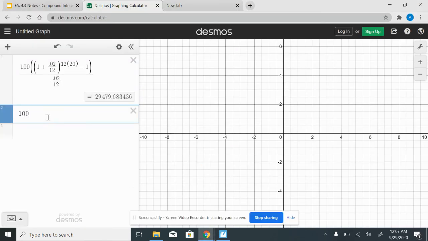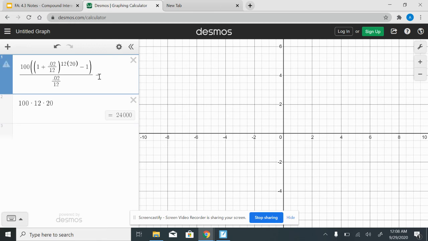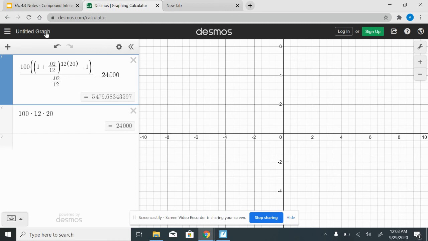I'm going to take 100 times 12 times 20 and find out that what I put into the account is actually $24,000. So I am going to find out my interest paid to me on this account by taking the big ugly fraction and subtracting $24,000. That means that the interest earned is going to be $5,479.68.